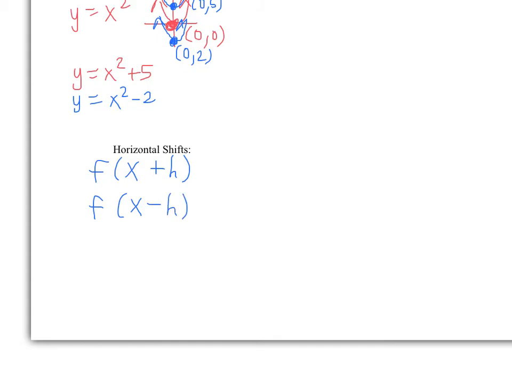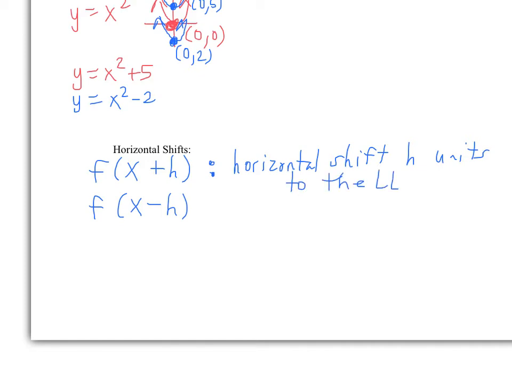So the idea here is if we're looking at the first one, f of x plus h, this is referring to a horizontal shift h units to the left. It's the opposite of what you would logically think. You're actually not moving to the right h units, you're moving to the left h units. And in a similar manner, if you have x minus h on the inside, here we have a horizontal shift to the right h units.